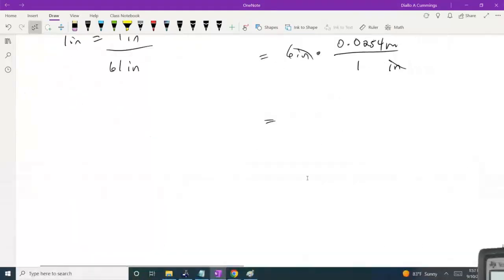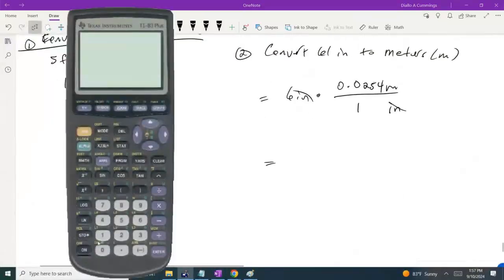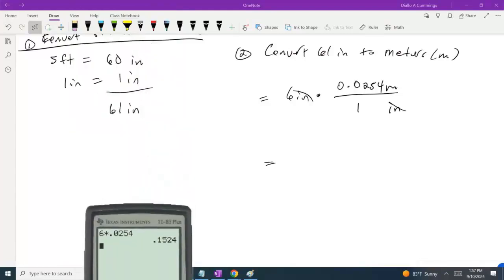Now I'm going to multiply my numerators: 6 times 0.0254, and I'm sorry, that should be 61 inches, not 6.